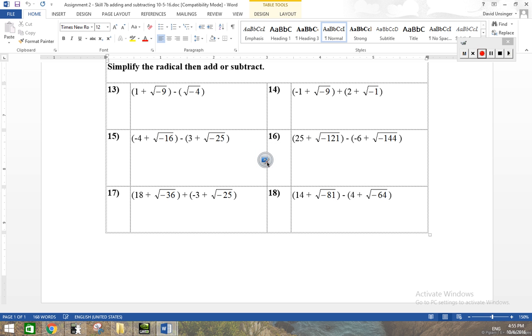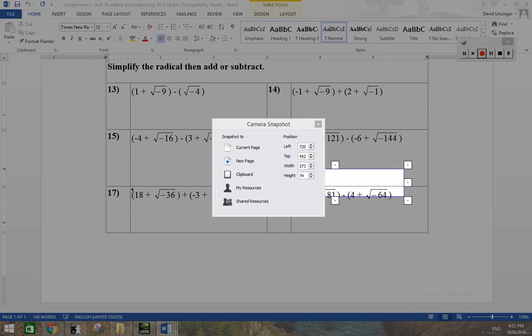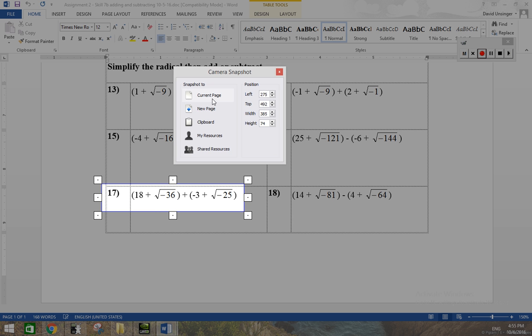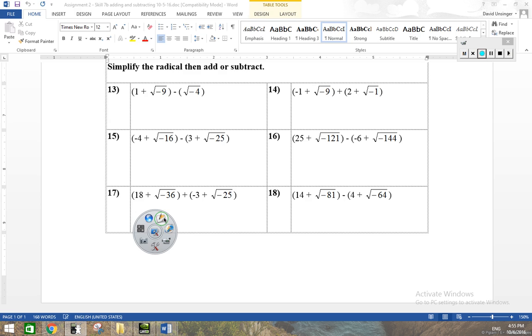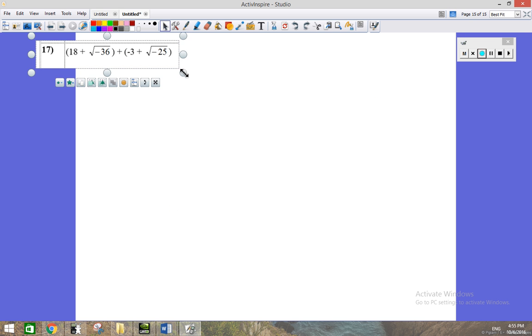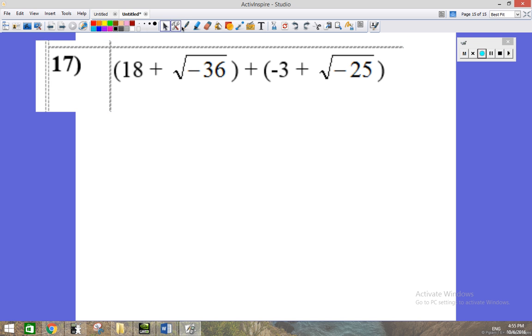Alright, so hey, let's do one more. Let's do 17. So let's keep the grouping symbols there for now.